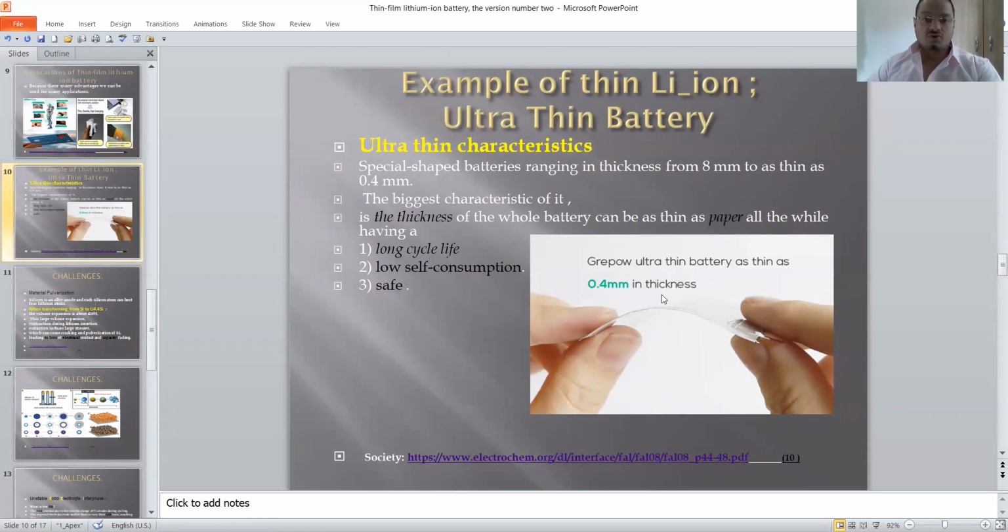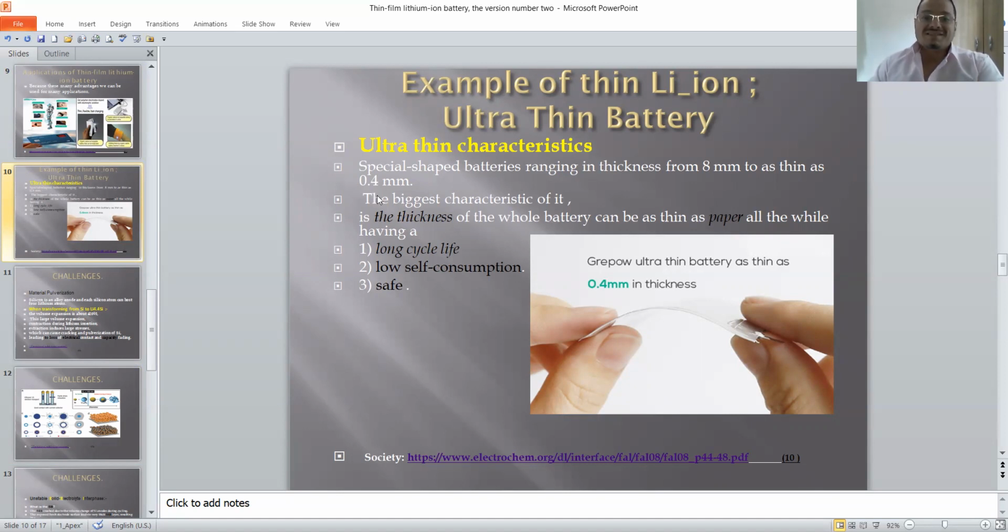Now, let's talk about the ultra thin battery's characteristics, because of them I selected it. Okay, let's see what its characteristics are. Special shaped batteries ranging in thickness from 8 millimeters to as thin as 0.4 millimeter.